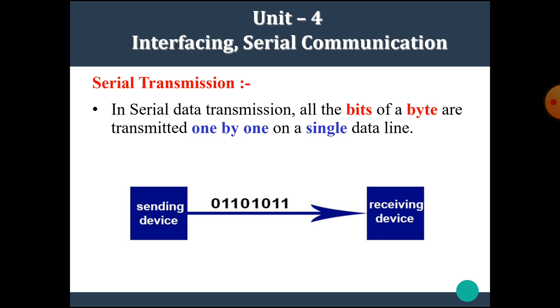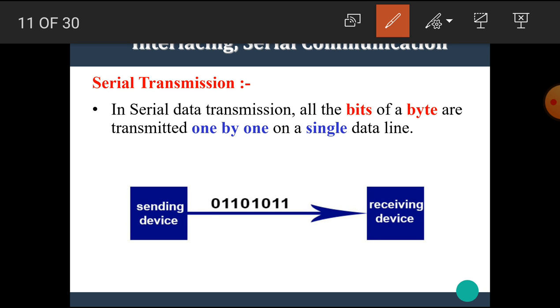Now let's see the next type of communication, serial data transmission. In serial data transmission, all the bits of a byte are transmitted one by one on a single data line. That means the sending device has the 8-bit data, and this 8-bit data is transferred towards the receiver on a single line. How is it possible?